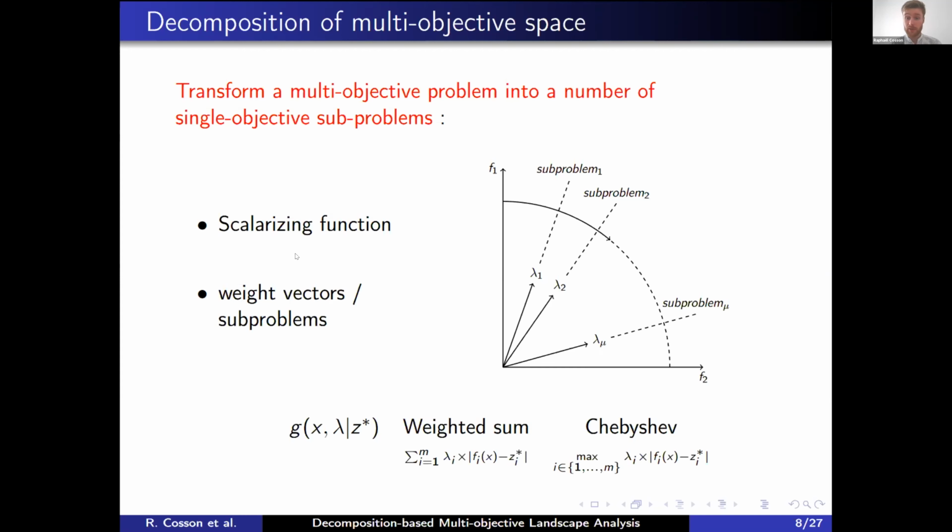Given a scalar function and weight vectors, we decompose, in this example a two-objective problem, this multi-objective problem into a number of single-objective sub-problems. So a solution has not only its multi-objective fitness from the original multi-objective problem, but also a single-objective fitness for each sub-problem.